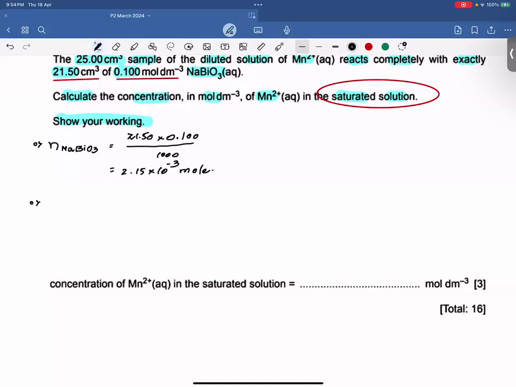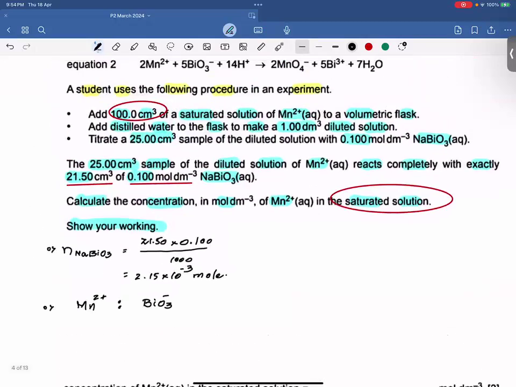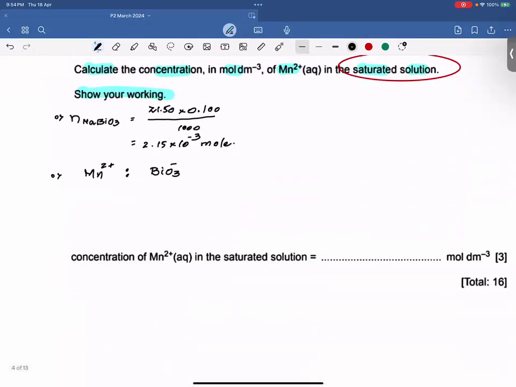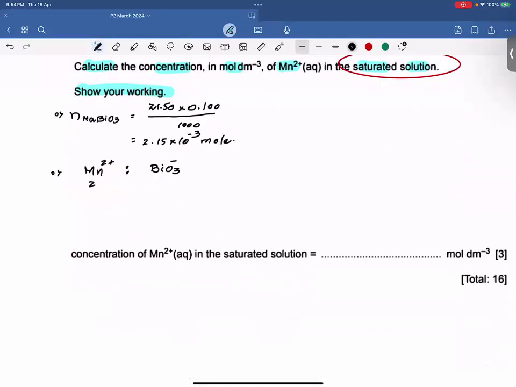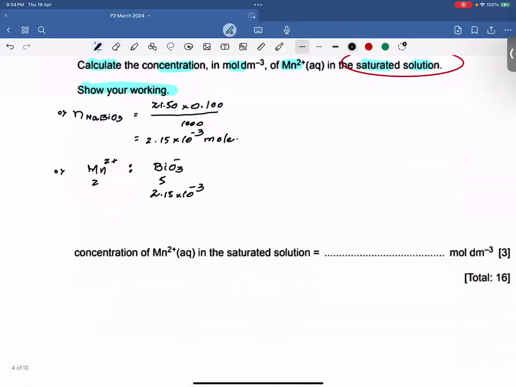Now, according to the equation, Mn2+ and BiO3- have a 2:5 ratio. So if the number of moles of BiO3- is 2.15 × 10^-3, how many moles of Mn2+?